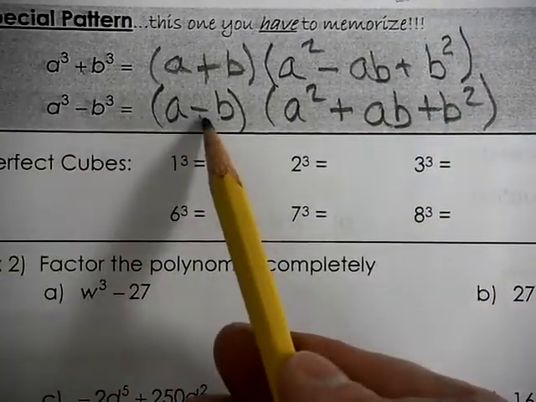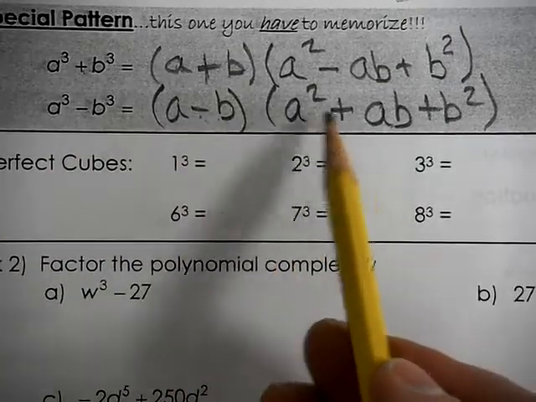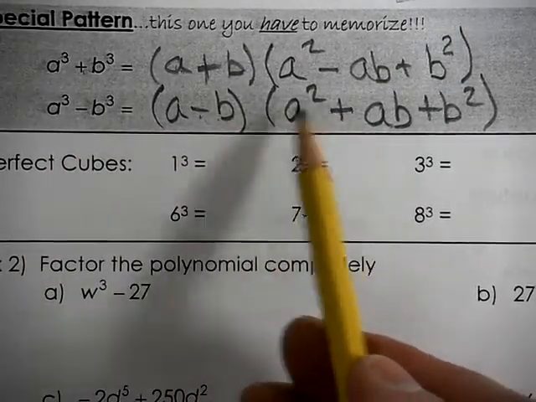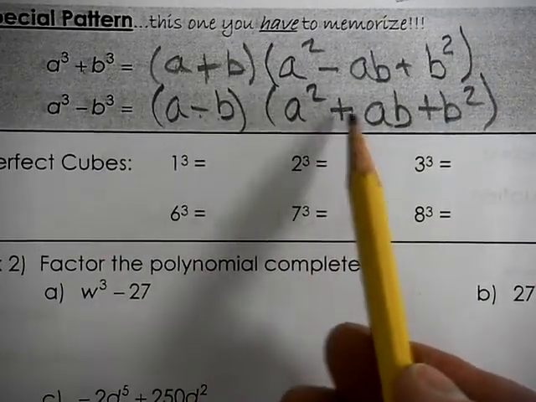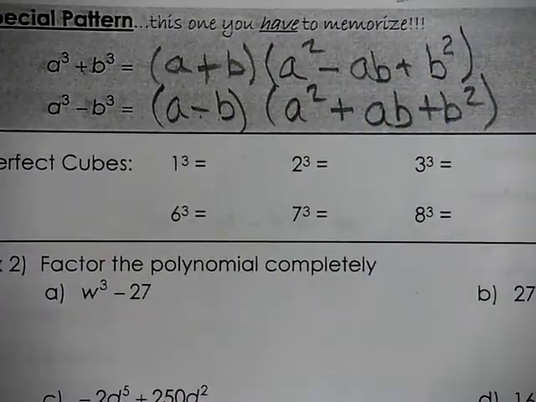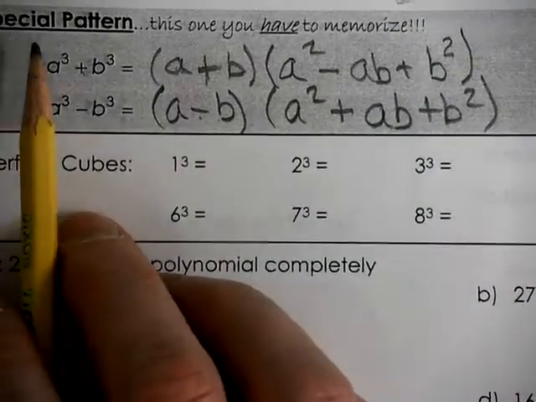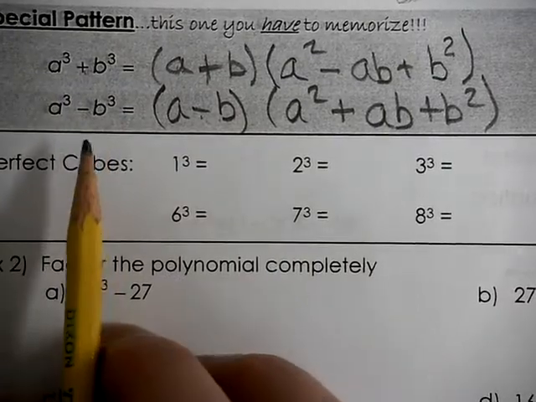This one matches the original sign. This one is going to be the opposite of the original sign. And this one will always be positive. So that's the pattern of your sum and difference of two cubes.